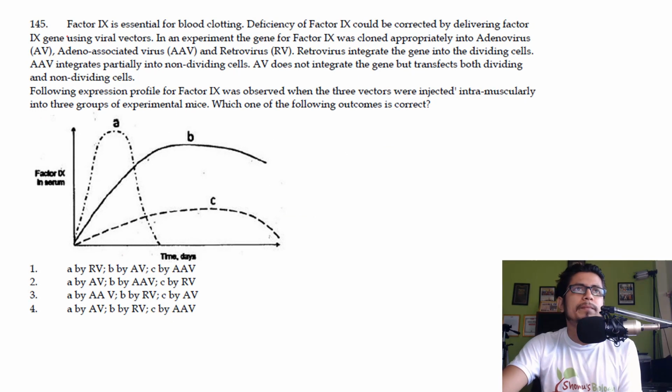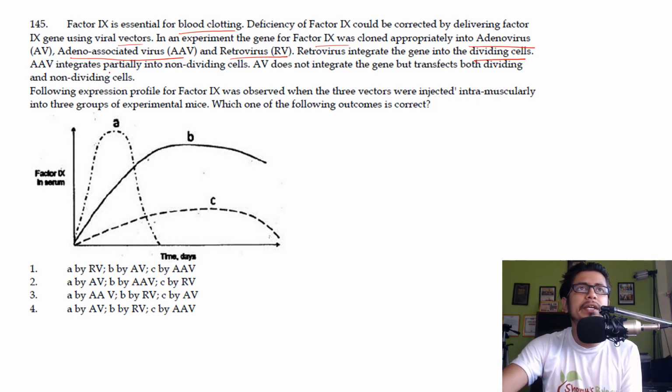Now let's solve this one. Factor 9 is essential for blood clotting. Deficiency in factor 9 could be corrected by delivering the factor 9 gene using viral vectors. In an experiment, the gene for factor 9 was cloned appropriately into adenovirus, adeno-associated virus and retrovirus. The retrovirus integrates the gene into the dividing cell, full integration of the gene.